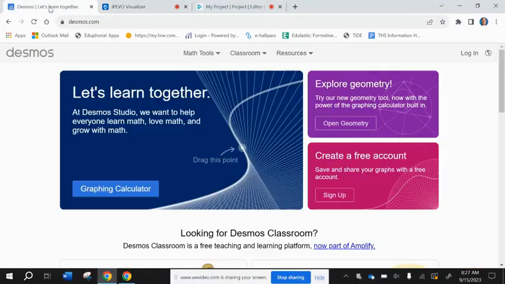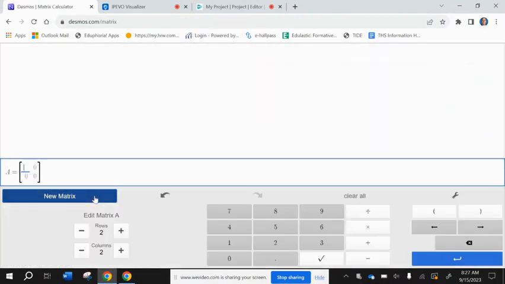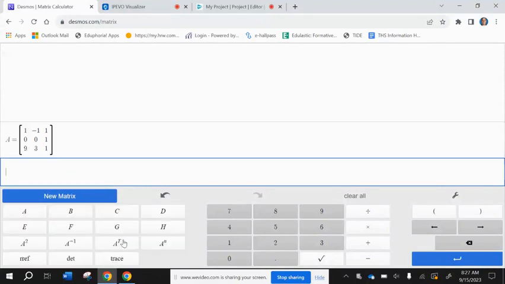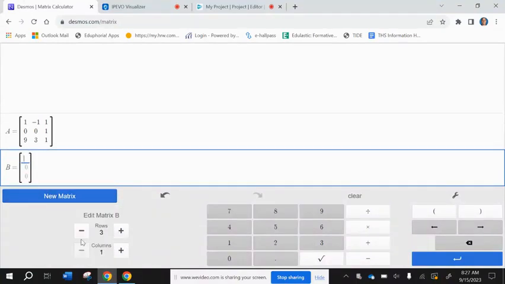Okay, so let's go to Desmos, matrix calculator. New matrix is a 3 by 3. So 1, -1, 1, and we can make that column 1, so that's always going to be 1. Then 0, 0, 1, 9, 3, 1. Press enter. New matrix, it's a 3 by 1: 5, 3, and 9.